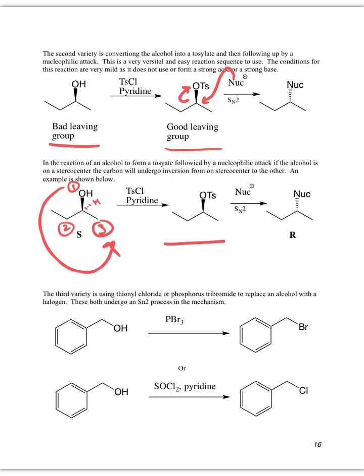And then in the step with the nucleophile, we broke the bond between the carbon and the leaving group, changing the stereochemistry. So now the nucleophile is going back, the hydrogen is coming forward.